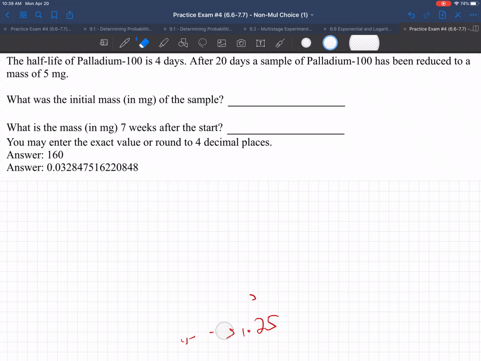So it's the opposite of doubling. It's like a doubling problem, but it's the opposite. It's half. It's shrinking. This is decay.